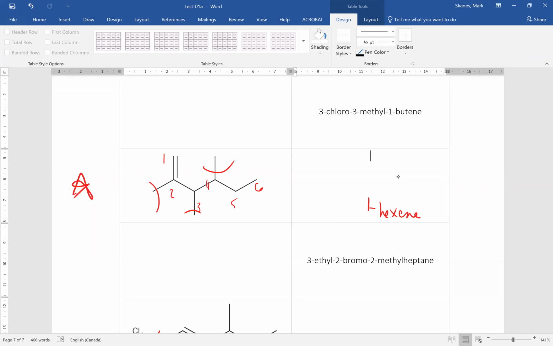I don't know if I would give you one like this on your test. This is a crazy one. So this would be 2, 3, 4 trimethyl, 1-hexene. That's a tough one. Yeah, Naim and Aladdin Syed, I hope I'm saying your name right.